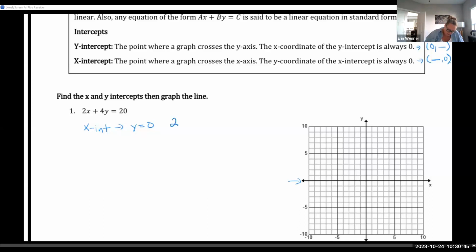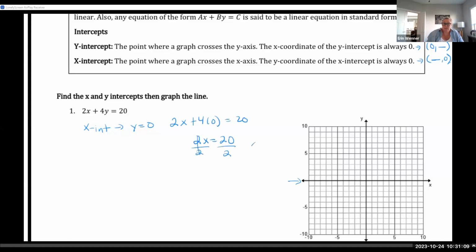So we'll have 2x plus 4 times 0 equals 20. Plugging that 0 in for y is great because it causes that term just to drop out, and we're left with 2x equals 20. We'll divide both sides by 2, and I get x equals 10.